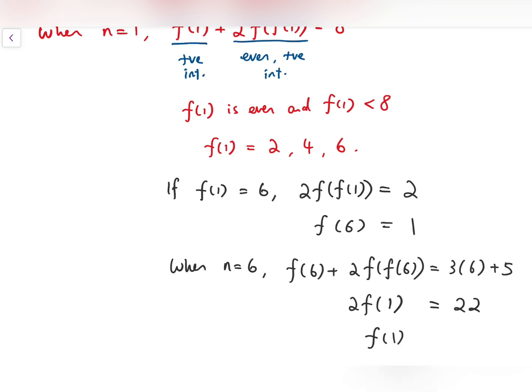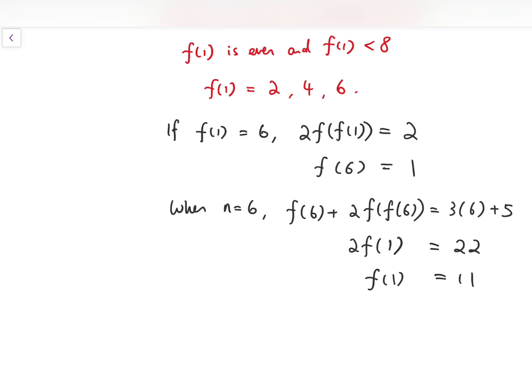Now, from this, we know that f of 1 equals 11. But this is absurd because we've assumed that f of 1 is 6. So there's a clear contradiction, and we can stop looking at this case.